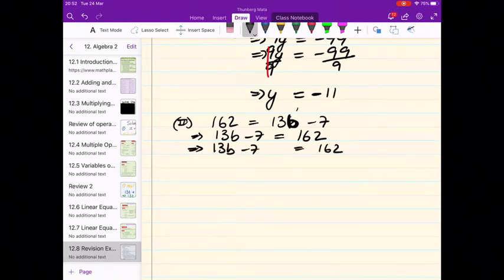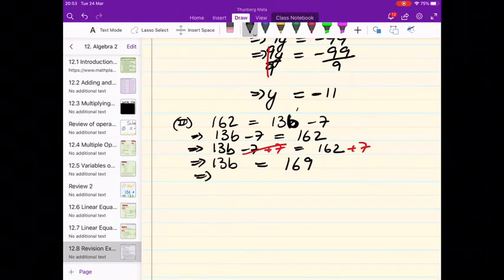And I'm going to add 7 to both sides then. So I have add 7 and add 7. Once I do that, they'll cancel each other out. And I'll be left with 13b is equal to 162 plus 7 is equal to 169.